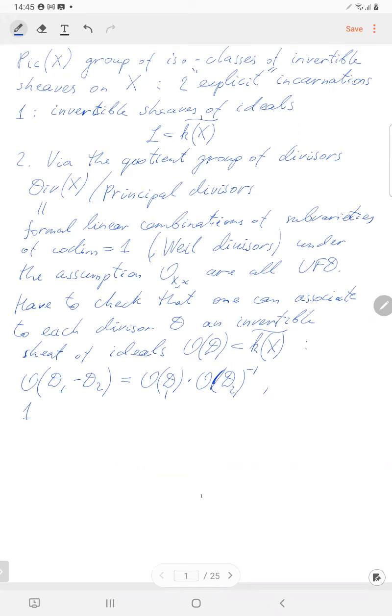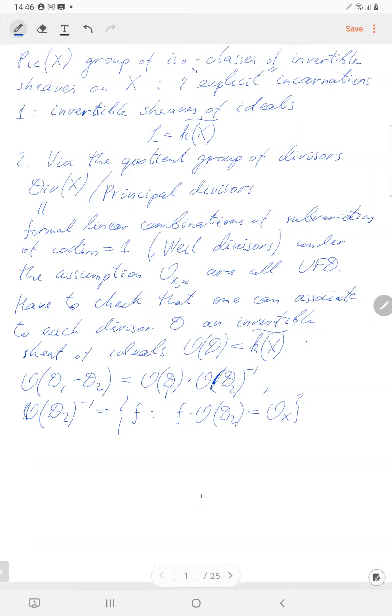Well, we are inside of this bigger quasi-coherent sheaf of rational functions, so you just take inverse in this sense. So O of D2 inverse is the set of all rational functions f such that f times O of D2 lies in OX.